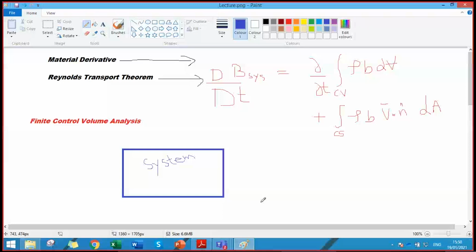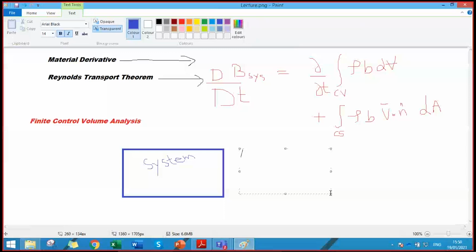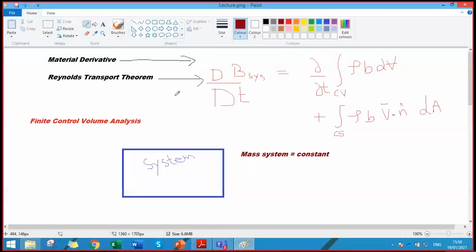Sir, the system is actual and the control volume is imaginary? No. You don't revise. The mass of the system is constant, right? The Lagrange approach. Is that so?